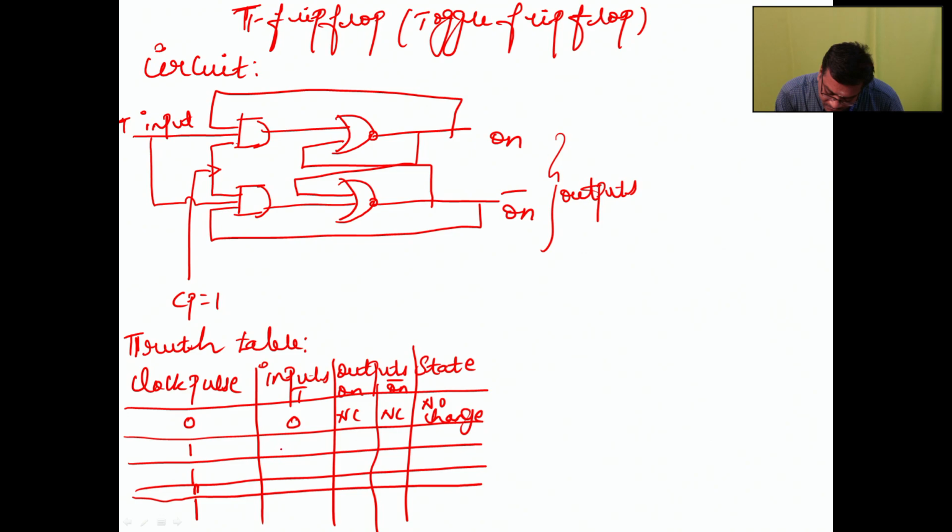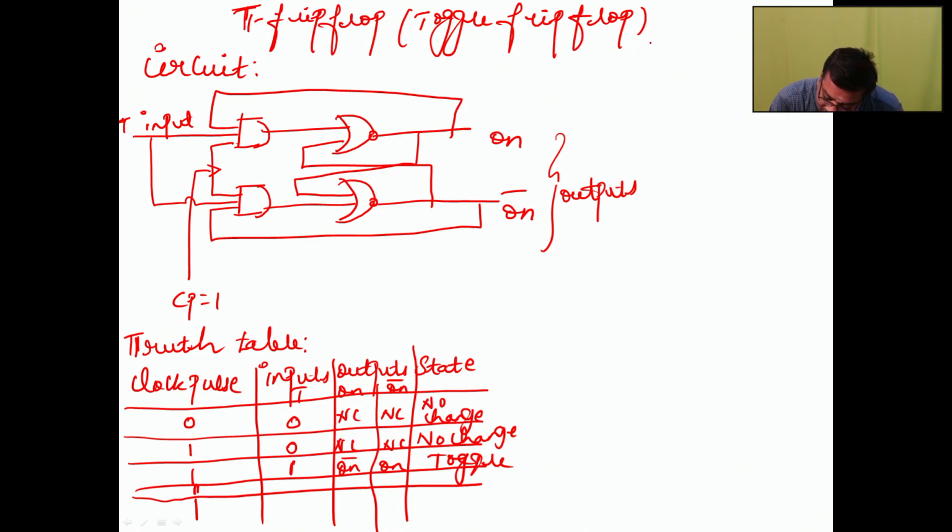When the clock pulse is 1 and the input is 0, automatically here also we will get no change. No change is the condition we will get here. When the clock pulse is 1 and we give the input 1, we get Qn bar, and Qn toggles. So only 2 inputs we are going to apply to the circuit.